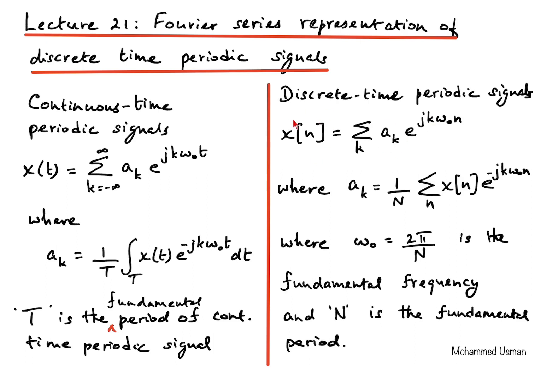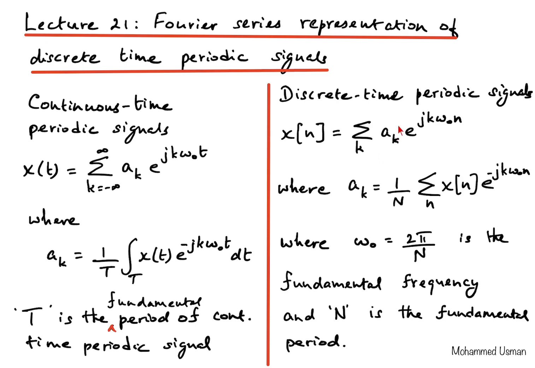So we express the signal x of n as a linear combination of discrete complex exponentials in the Fourier series representation. Okay, so from continuous time we have come to discrete time now, where x of n is discrete and also e power jk omega naught n is discrete.